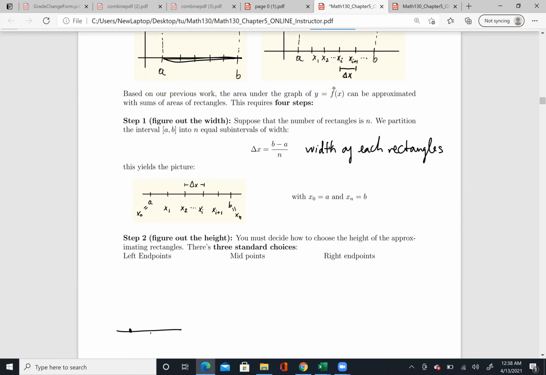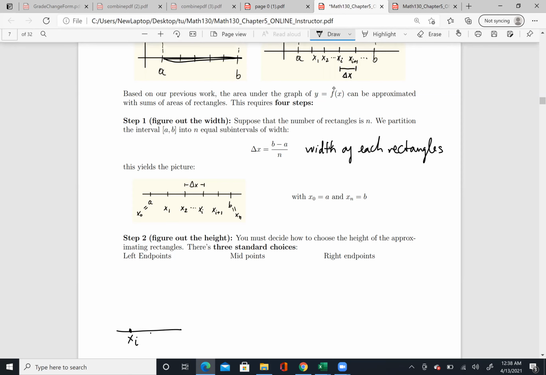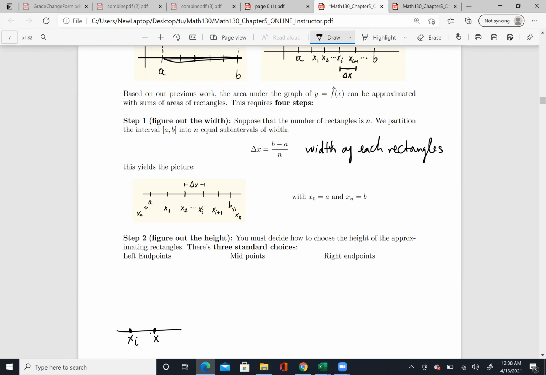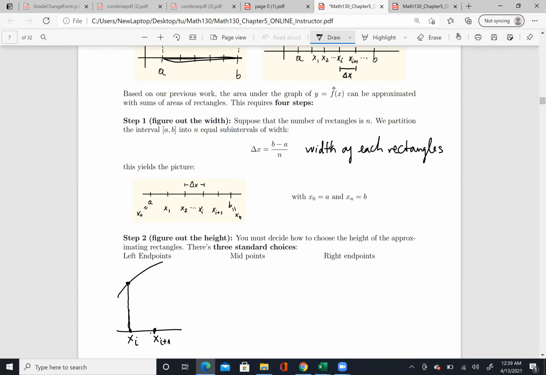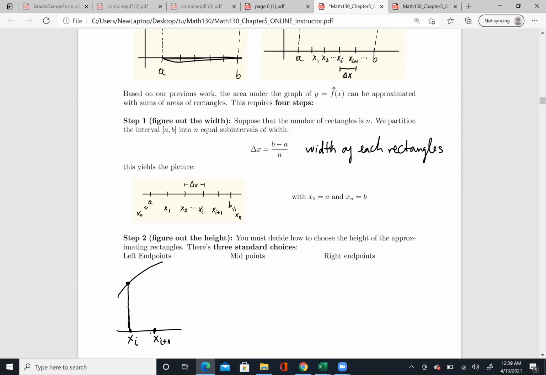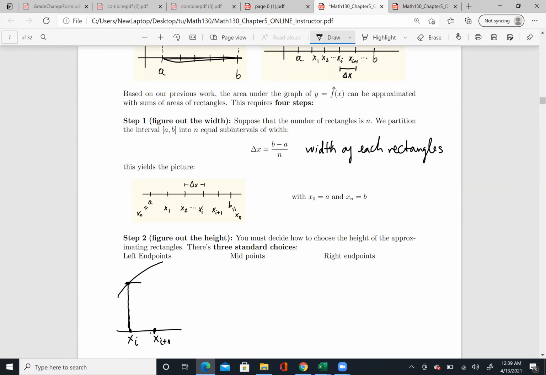Here is xi, and here is xi plus 1. I'm going to use the left endpoint, the left end of the interval, xi here, to make the height of the rectangle.